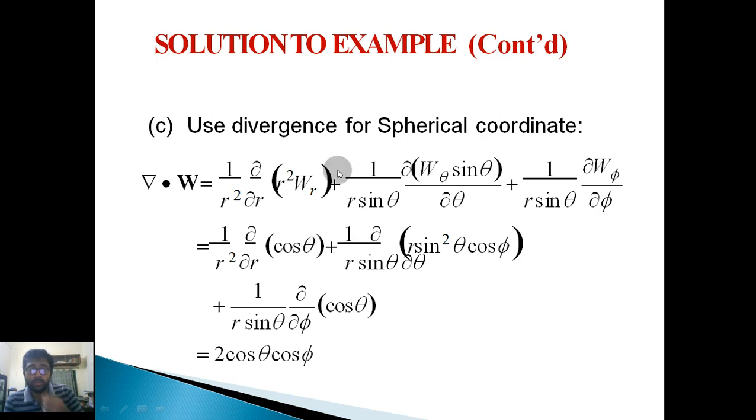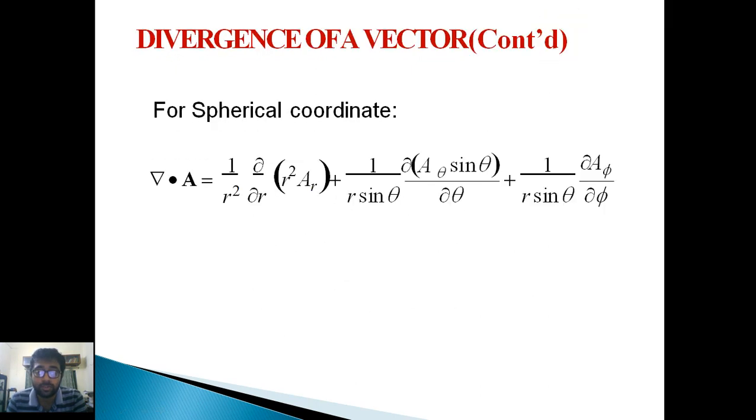And the same thing, this is the vector that we have already described. This is the divergence of the vector. These are the del operators. The specific del operator will operate on the divergence of the vector.